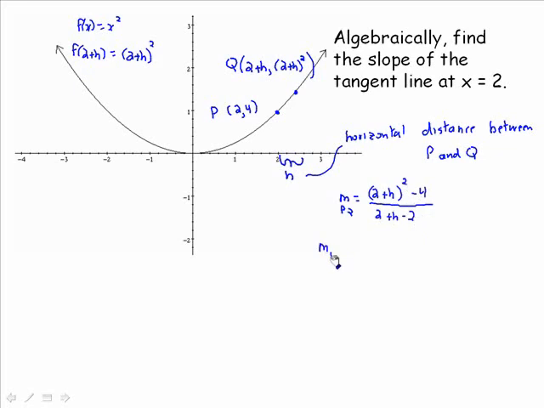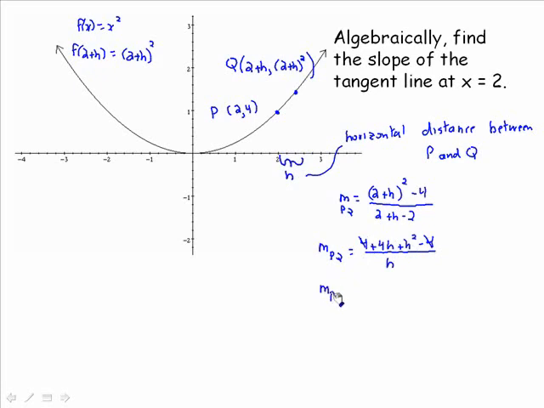So m of PQ is equal to, now if you expand that (2 plus h) squared, you get 4 plus 4h plus h squared minus 4, and then the denominator would be h. And then our 4's will subtract away.